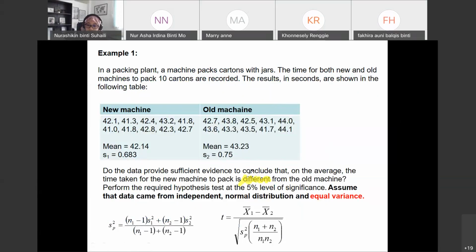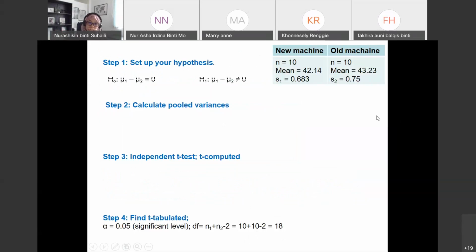That will guide you for the alternative hypothesis. It doesn't mention whether the new machine is more or less than the old machine. So for the alternative hypothesis, you write not equal, or you can put mu2 on the right side, not equal. So not equal, it's not less or greater.